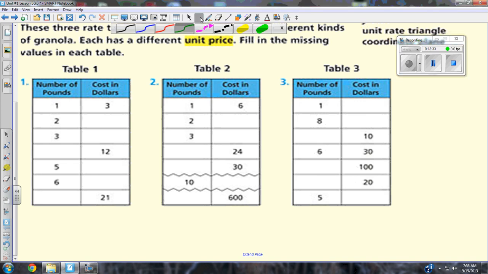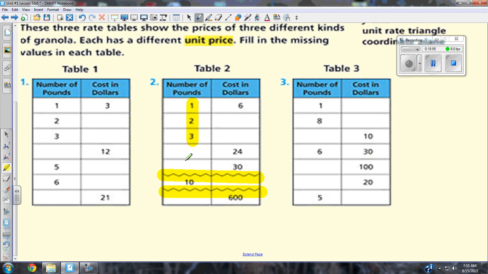Now this one's a little different here, and I want to point out right here, because 1, 6, 2, 3, so far we're going up in pounds consecutively. 1, 2, 3. But here you have this squiggly line here, and then you have 10.